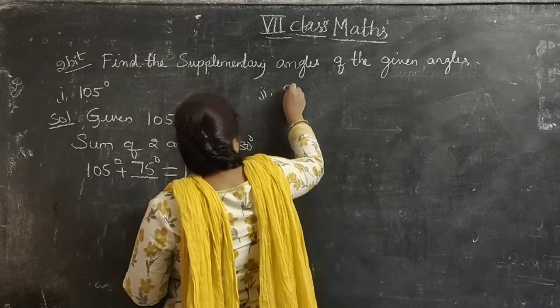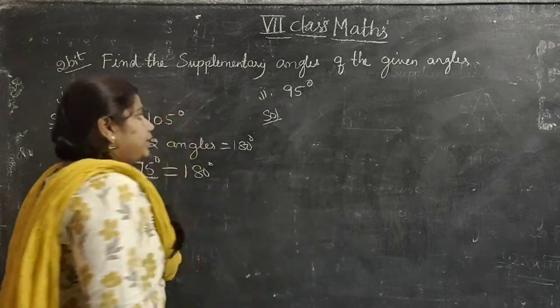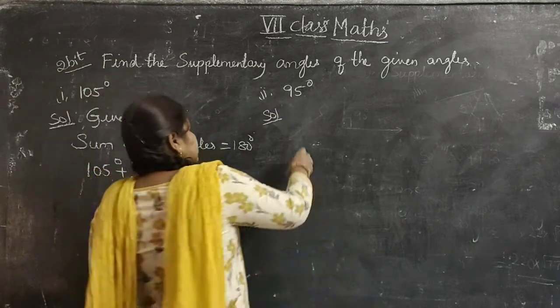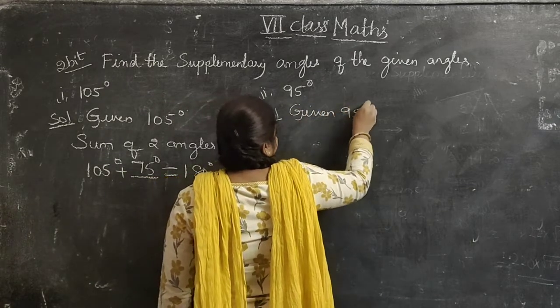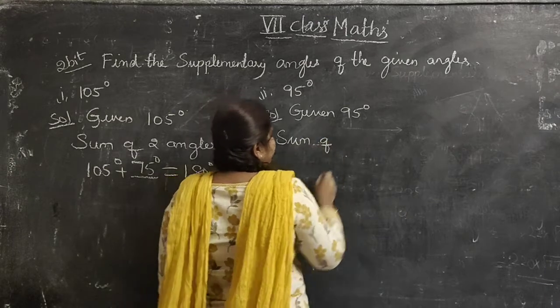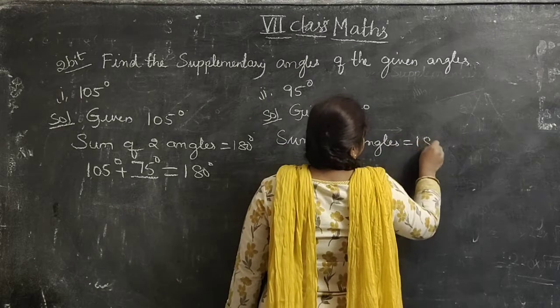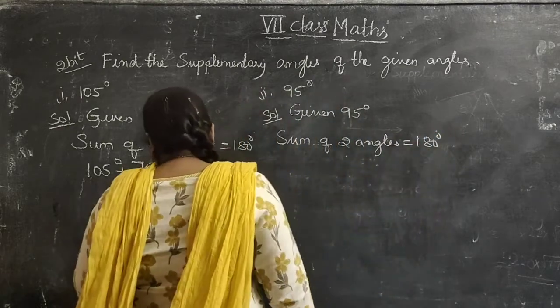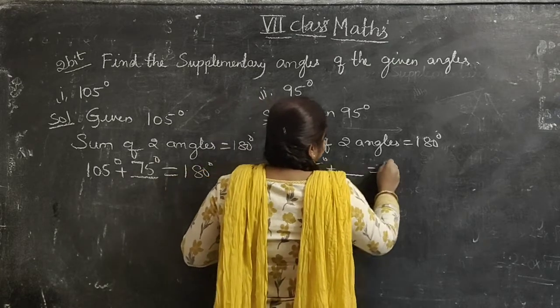Next is 95. We have to find a supplementary angle for 95. Given 95 degrees, we also know that supplementary angles means the sum of two angles should be equal to 180. For 95, how much will you add to make it supplementary?